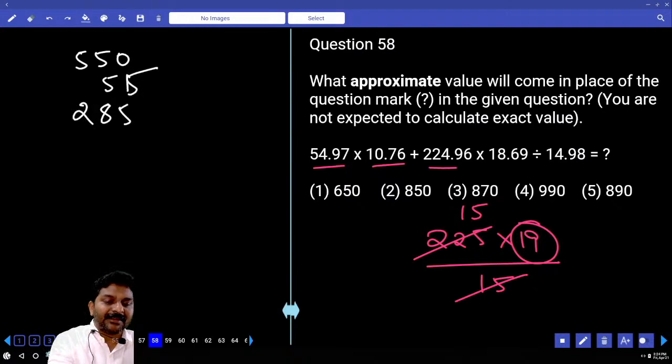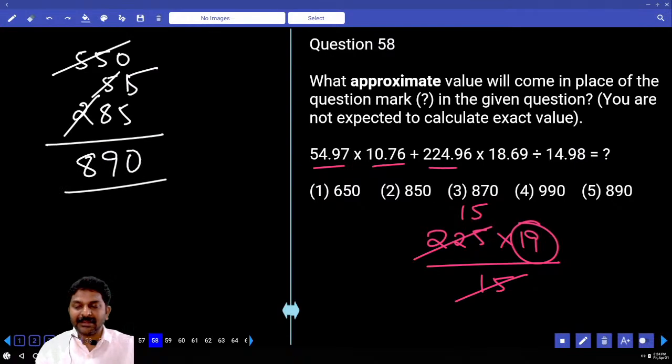This is 55, right? 550 plus 50, 600, 200, 5 plus 85, 890, fifth option. Got it?